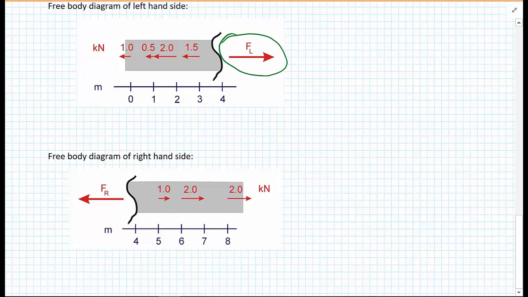Likewise, we draw the free body diagram of the right hand side piece of material, and again this FR is the internal force in the material that is keeping the right hand side of the bar in equilibrium.